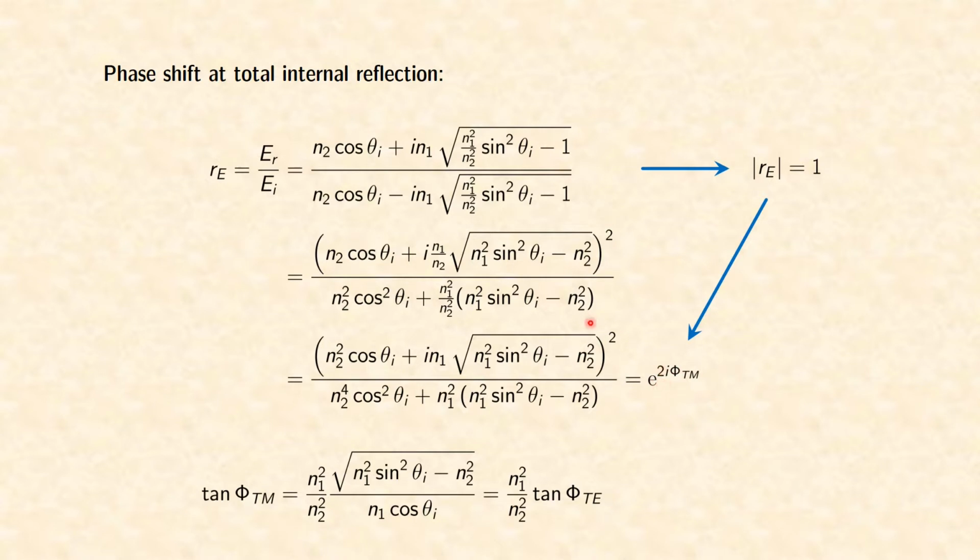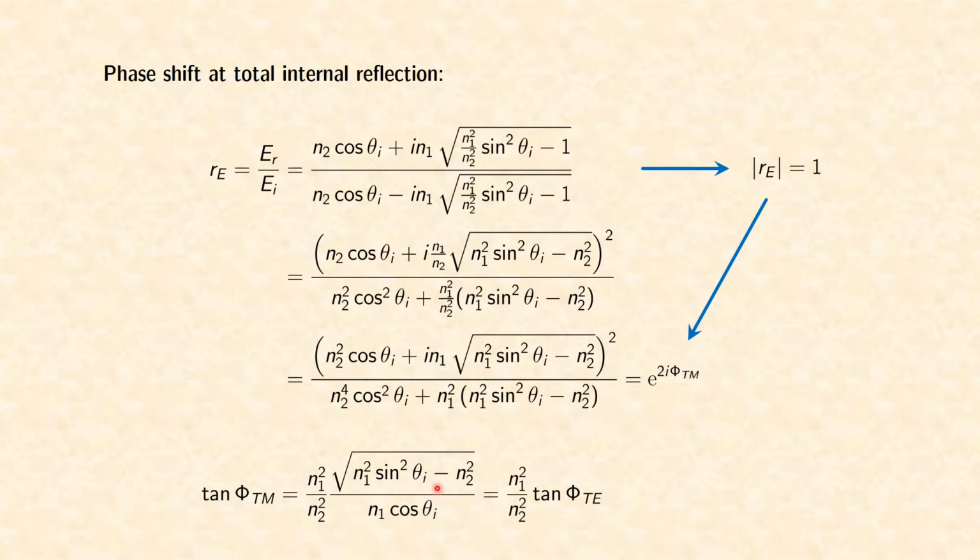And again, we use this factor 2 because we have a square here, and we define this angle chi TM now, and we get this expression. It's just the quotient of this one and this one, this term. When we compare it to the case of TE, we see that there is just an additional factor of n1 over n2 squared.